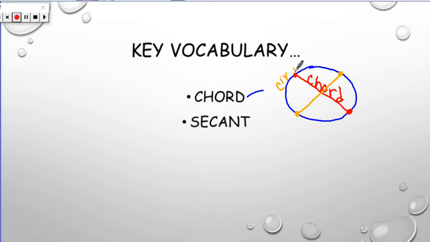This is called the circumference of a circle, which is the outside edge. And the chord touches the circumference in two spots and stops. So it intersects the circumference. There are some rules when these chords intersect, and we'll talk about that in just a second.